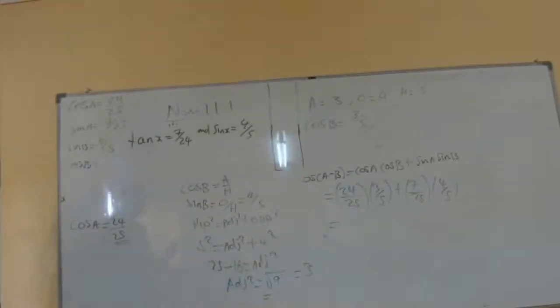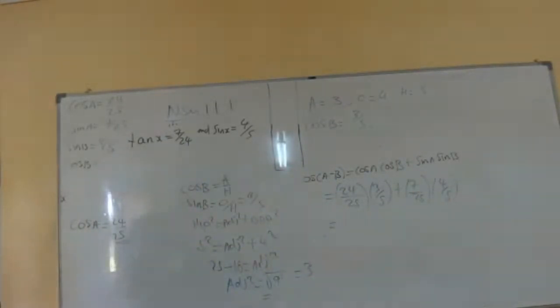Okay, so from there, we can actually find what the actual values are. So 25 by 3, 24 by 3 is 72.